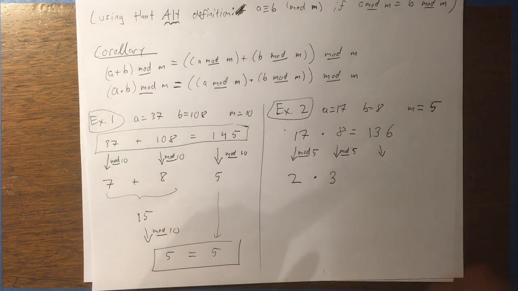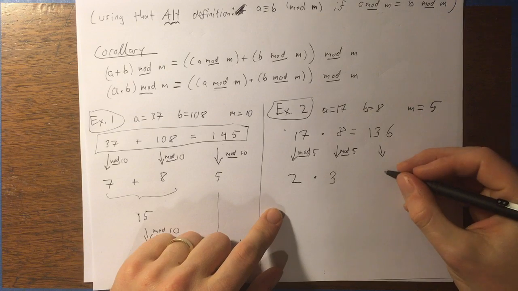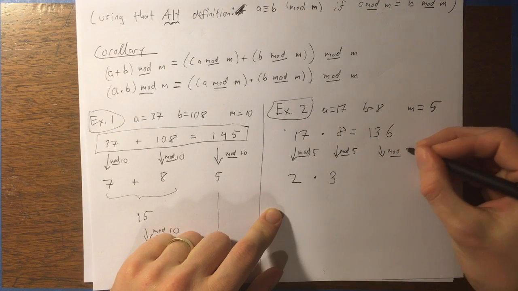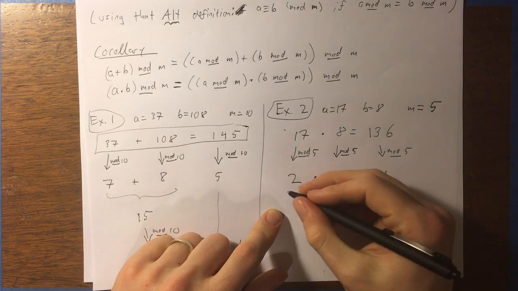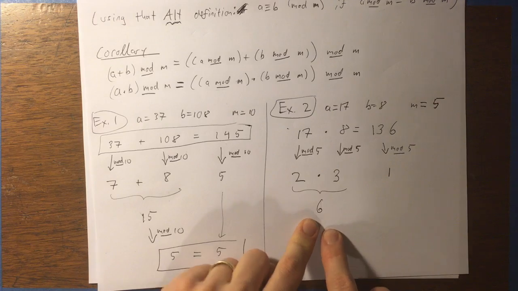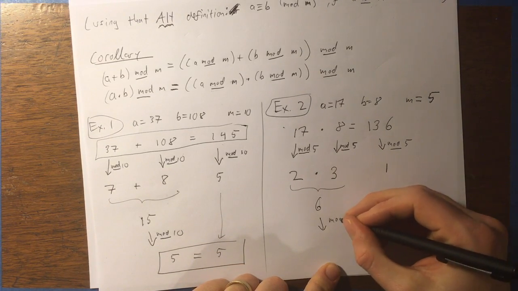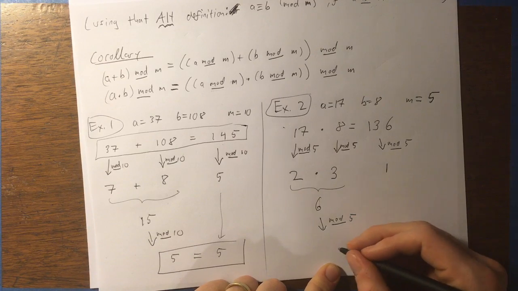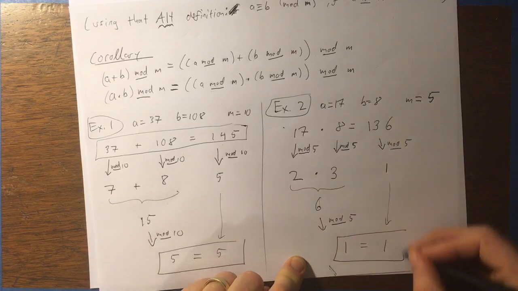Well, 136 is just one more than a multiple of 5, right? It's 135 plus 1. So when reduced mod 5, that's going to give us 1. Well, 2 times 3 is 6, right? That's not 1. So again, it's not immediately the same, right? But if you reduce 6 mod 5, then it's 1. And again, 1 equals 1.